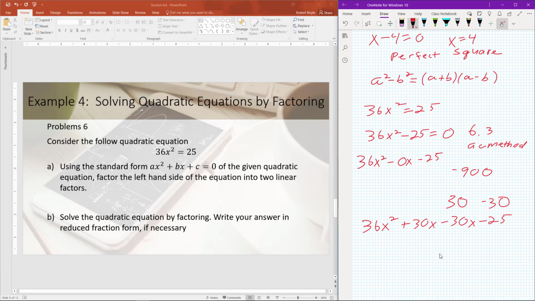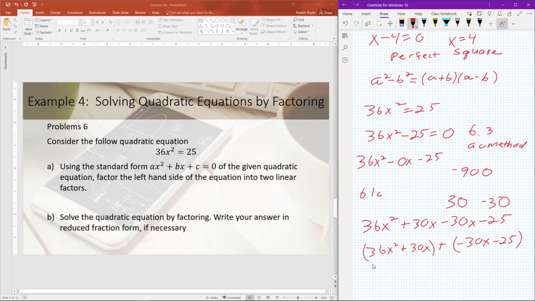I can then use what we learned in section 6.1c, which is grouping. We can use grouping, and I can group these two together. That will be 36x squared plus 30x plus negative 30x minus 25.